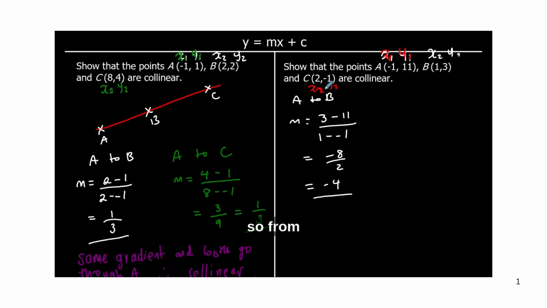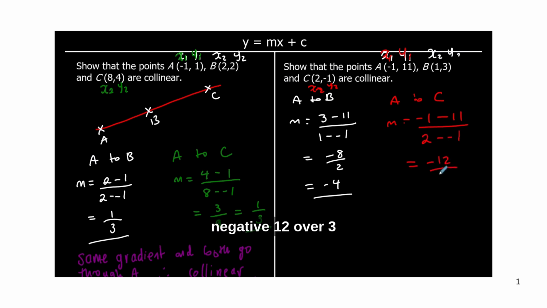So from A to C, the gradient is the change in the y's, so negative 1 take away 11, over the change in the x's, 2 take away negative 1.